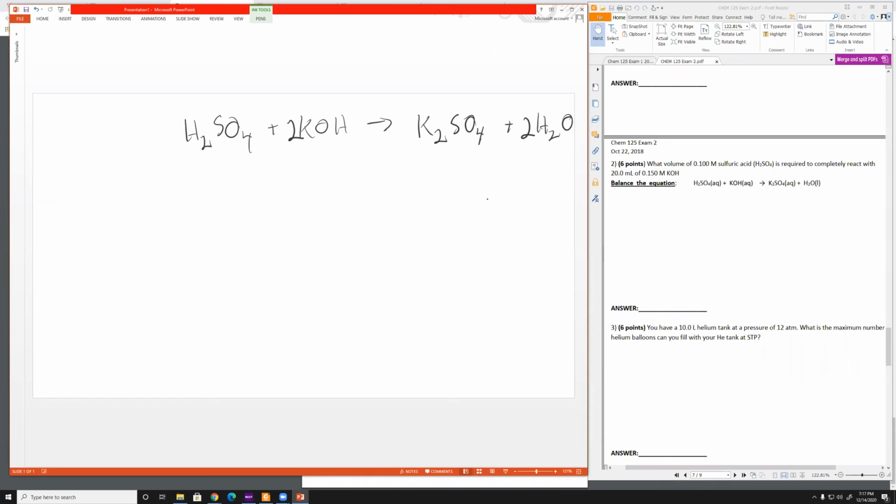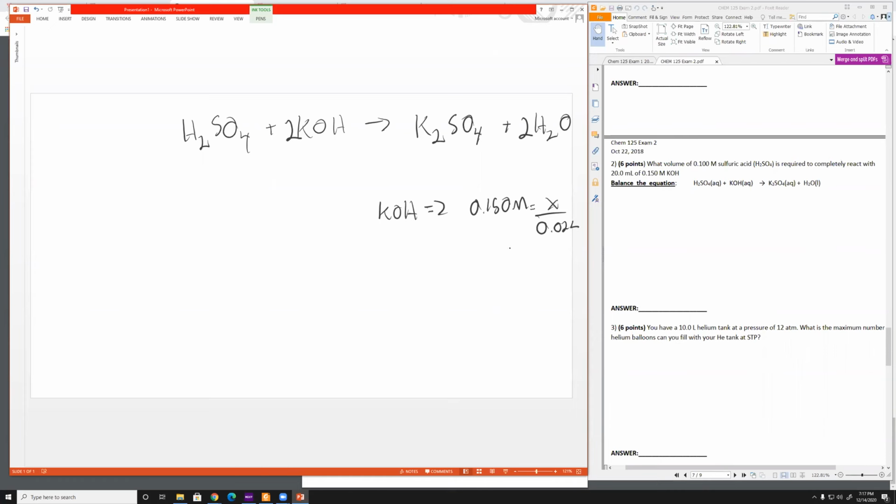Next, we want to see how much stuff we're dealing with. So we have, what is the volume of 0.1 molar sulfuric acid required to react with 20 milliliters of 0.15 molar KOH? All right, I see that. I'm automatically thinking for the KOH, find the moles because you're going to need that. So 0.150 molarity equals X over 0.02 liters.